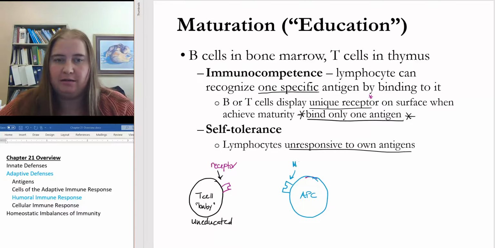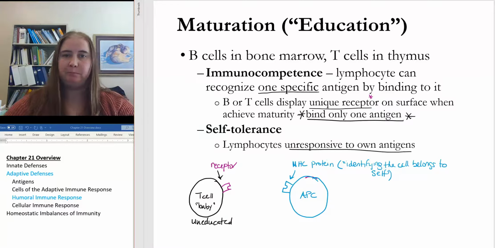So this is our MHC protein, and again, this is identifying the cell belongs to self.